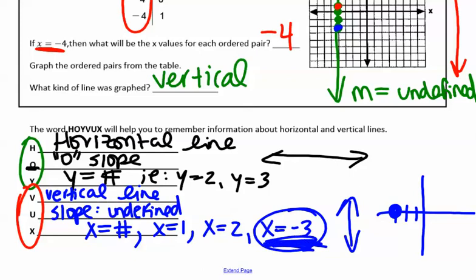That it's not y equals 3x plus something. That would be different, right? We would use slope intercept to graph that. This is just x equals a number, so it's a HOY or a VUX. It's going to be a VUX. It's going to be a vertical line. Okay? And then x is always -3. So everywhere where that is -3.